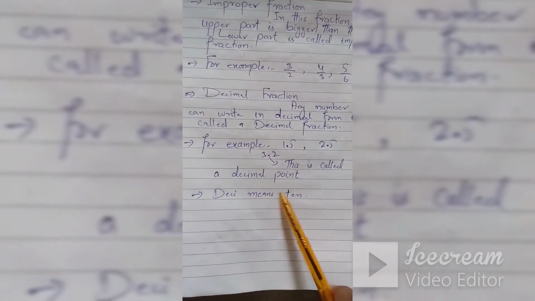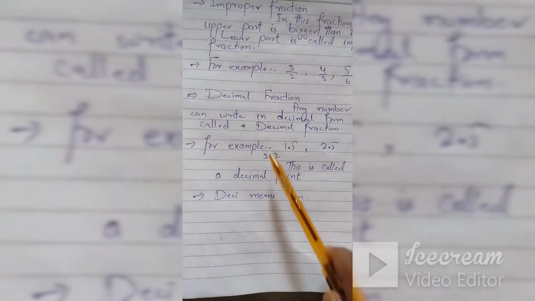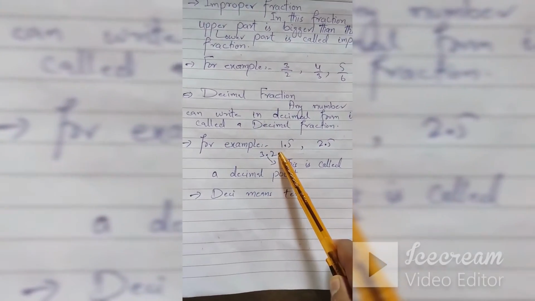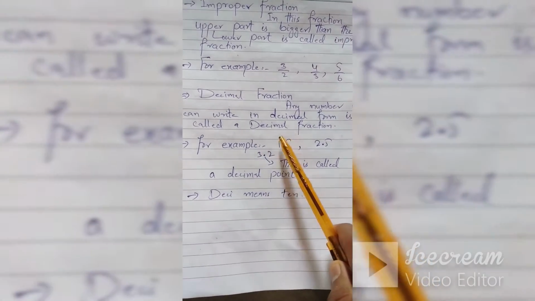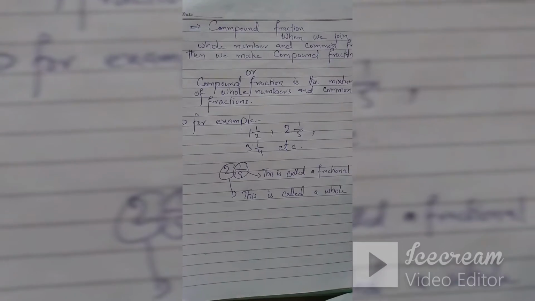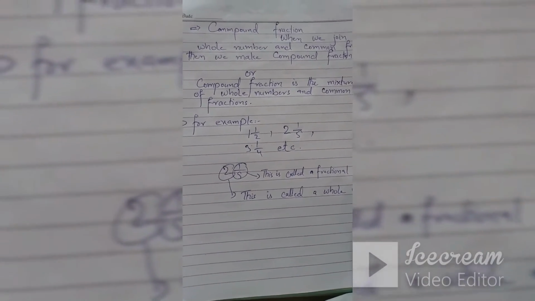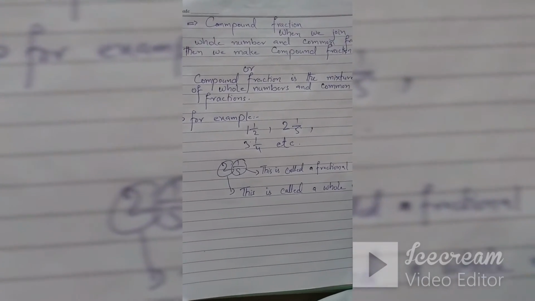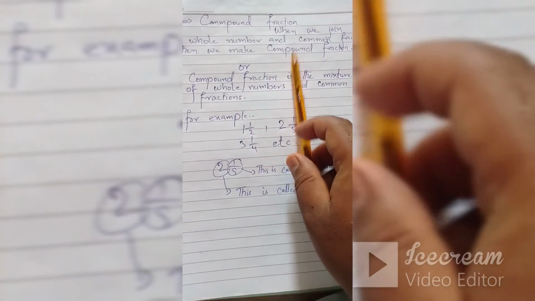Deci means 10. You have to know, friends, deci means 10. So this is called decimal fractions. Now come to the third kind of fraction, which is the last kind of fraction. Friends, the third kind of fraction is compound fraction. Now let's see what is a compound fraction.